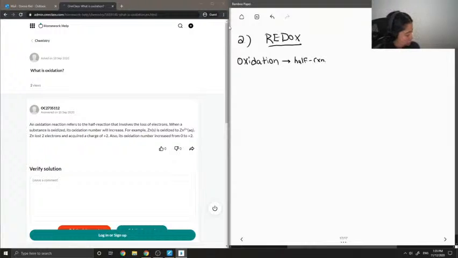Okay, so moving on back, half reactions involve the loss of electrons, whereas a reduction reaction, which is also a half reaction, involves the gaining of electrons.